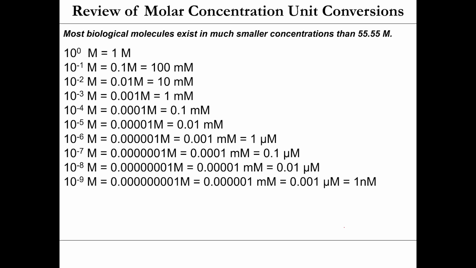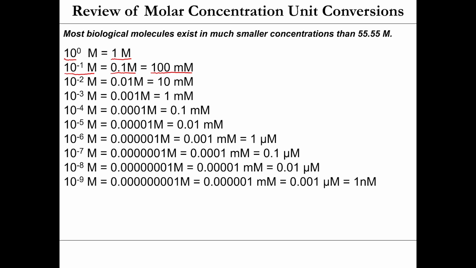So it's going to be important for you to be able to convert between different units in this course. So just quickly go through that. So 10 to the 0 molar equals 1 molar, of course. 10 to the negative 1 molar would be 0.1 molar, which can then be converted into 100 millimolar.